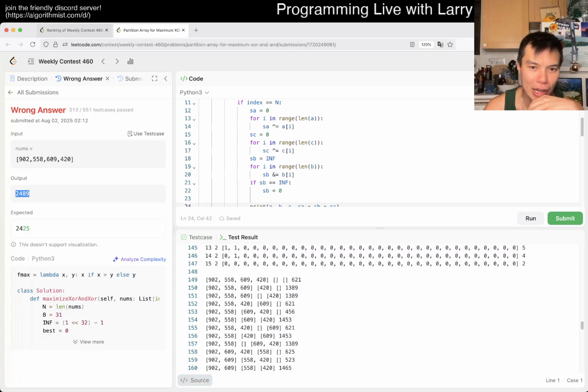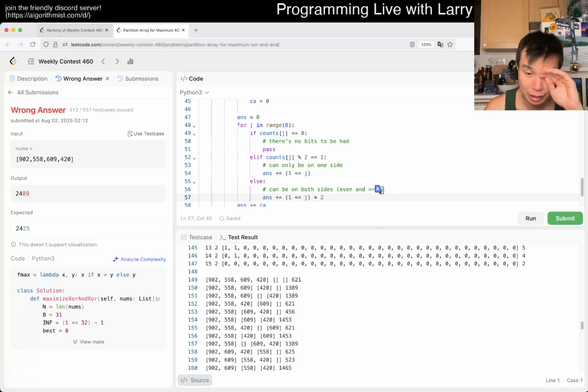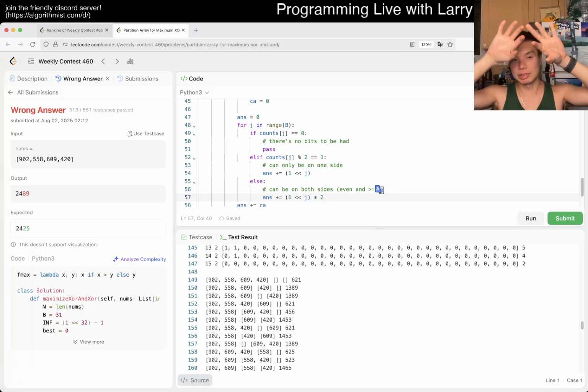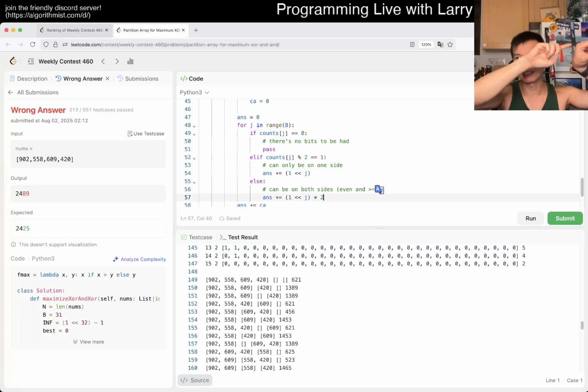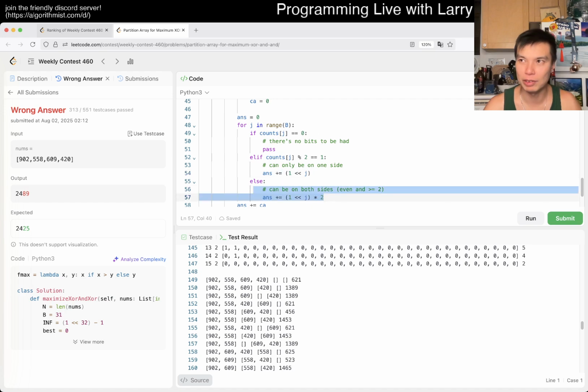This means that our algorithm is wrong, because I was very greedy. Two numbers can be placed either way, or rather there could be ones on both sides, but then later on it can only be on one.